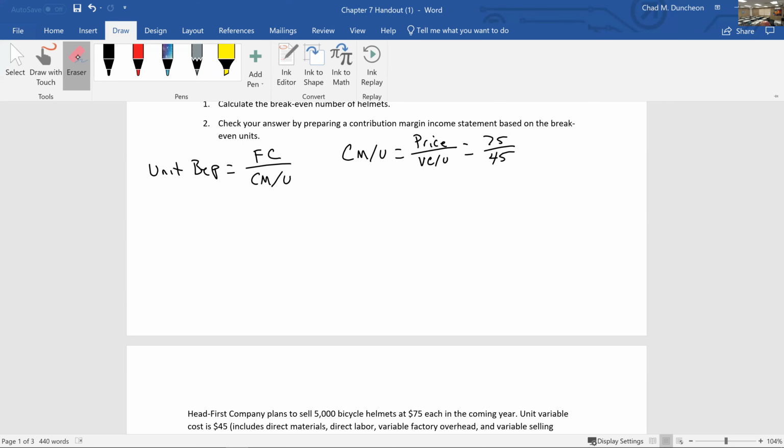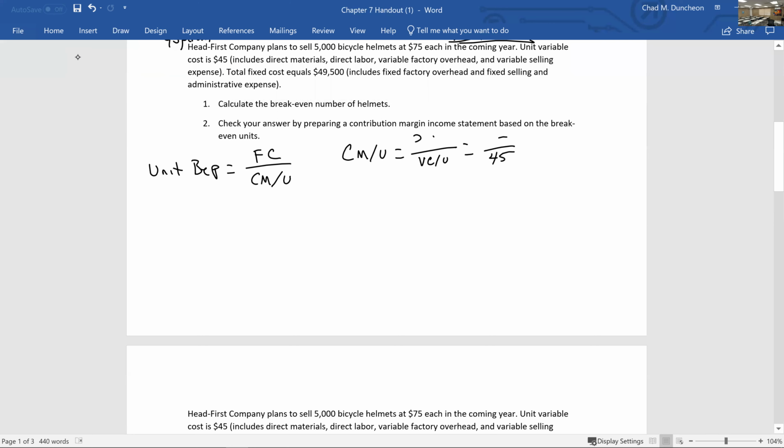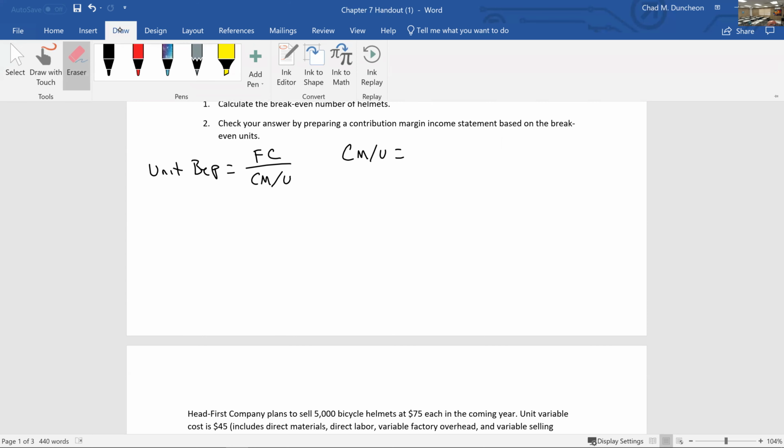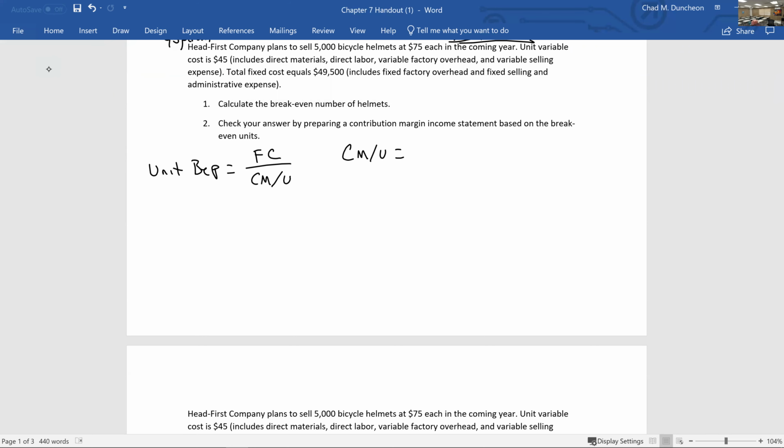I'm getting everything all screwed up, so just erase that. Contribution margin per unit. I don't know why I was starting to do it like a percent. Okay, slap my hand. Contribution margin per unit is price minus variable cost per unit. So it equals 75 minus 45.